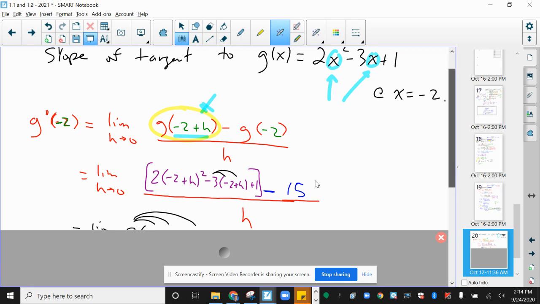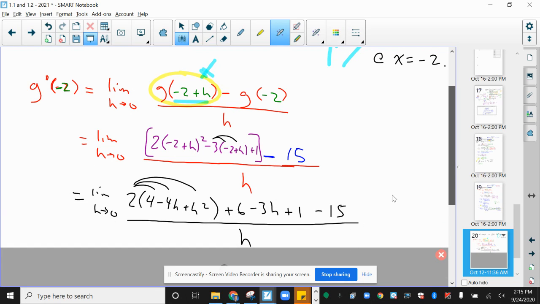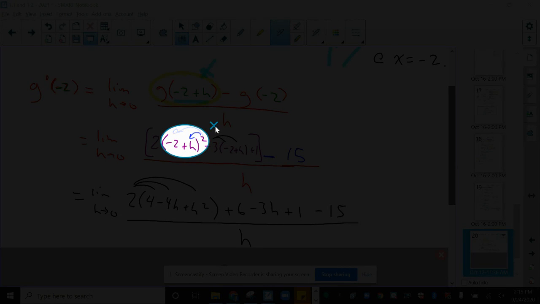Now the third step is where we clean it all up. So we can square this bracket here, expand the -3 inside. This is the time where I remind you, please, please, please do not just put the squared onto both. Okay? That's the poster in my room that says you made a baby cry.